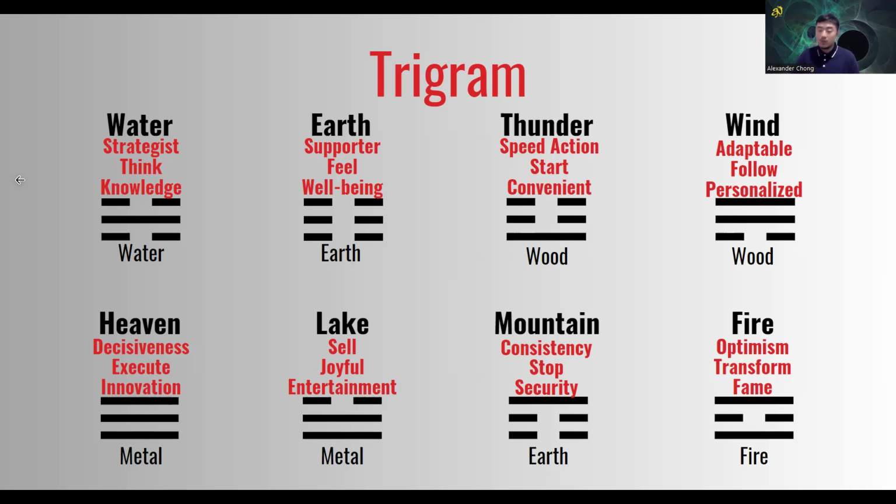Certain things you already own need to be melted down and reshaped into something different. If your fire maybe is optimism, maybe fame, but to use it like experiencing and guidance, I think it's more like transforming something, melting something down, molding it into something new. Fire element will be that part.